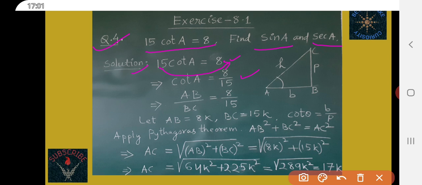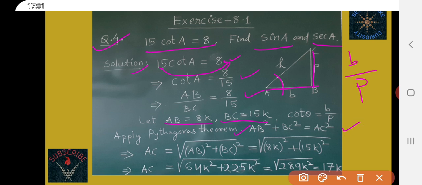In this right angle triangle for angle A, cot is B by P. So here B is AB and P is your BC. So AB by BC equal to 8 by 15. Let AB equal to 8K, BC equal to 15K. Then you apply the Pythagoras theorem, that is AB square plus BC square equal to AC square.